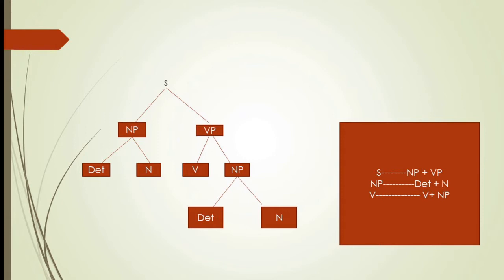Now, the same information that we have shown by means of a tree diagram is alternatively shown by means of the PS rules, also known as the rewrite rules, in the box. Did you see that? Sentence divided into noun phrase plus verb phrase, noun phrase divided into determiner plus noun, verb divided into, it's not verb, it should be verb phrase. Okay, there's a mistake there. Verb phrase divided into verb plus noun phrase.